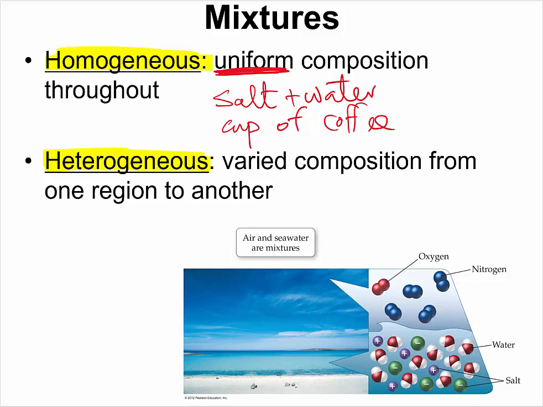And heterogeneous mixtures can easily be identified because immediately you look at a heterogeneous mixture, you would know that it is not just one type of component. For example, if you add sand and salt together, it should be very obvious that sand is different from salt.